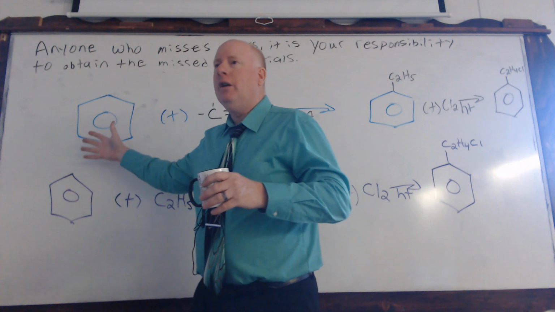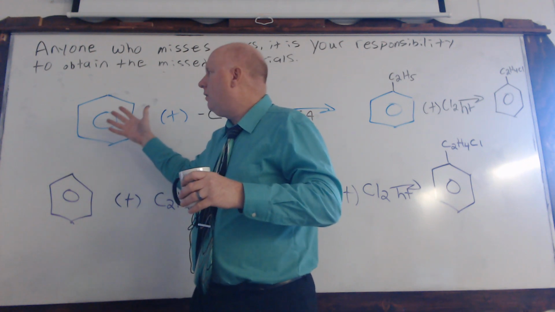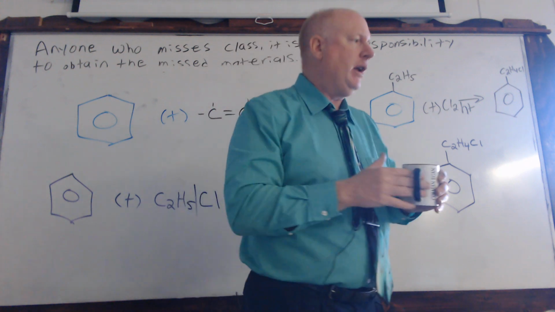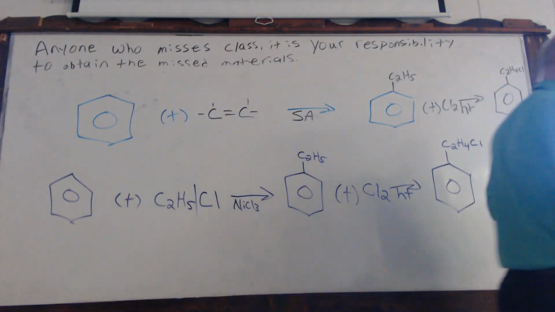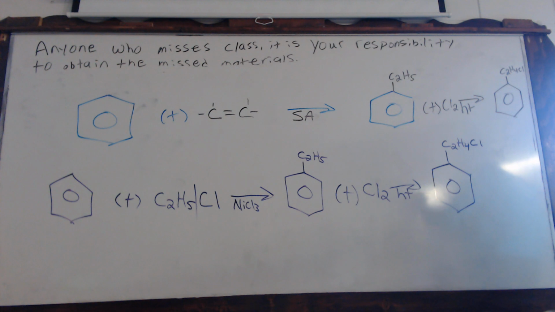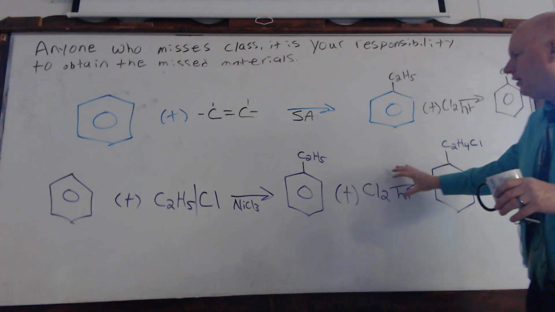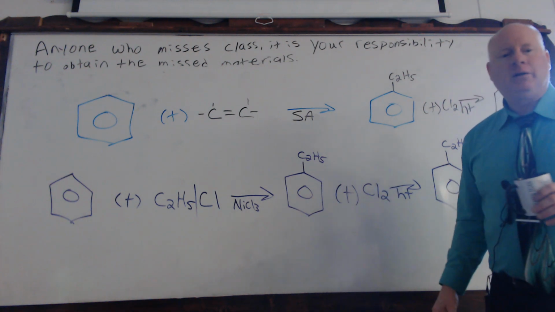Then, if we're not starting in the center because there's something attached onto there, whatever it is that is attached onto that ring structure is what's going to determine where it's going to attach and what type of catalyst, because heat is going to be different than that of a metal catalyst.